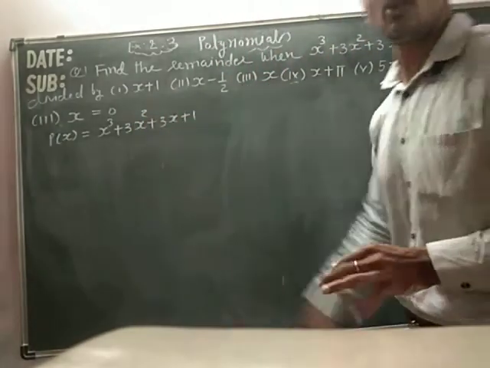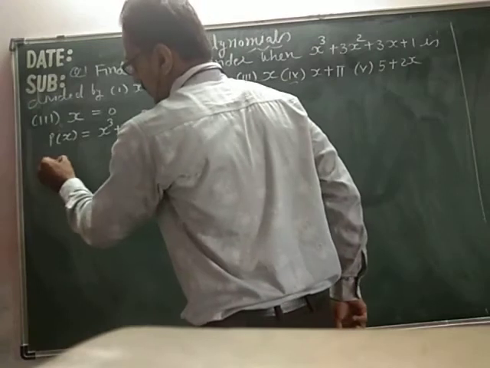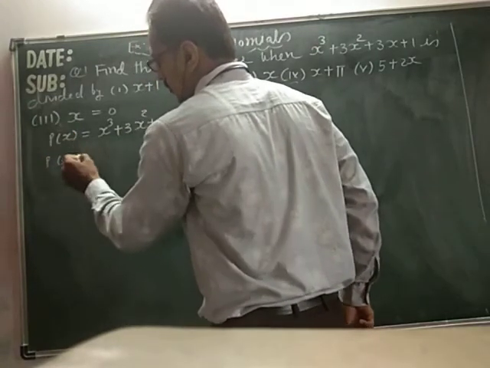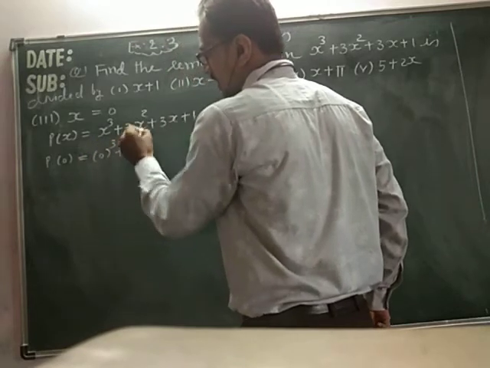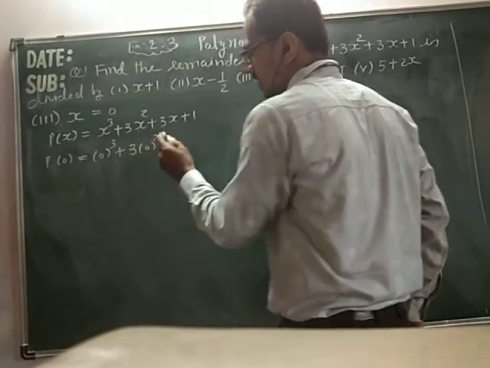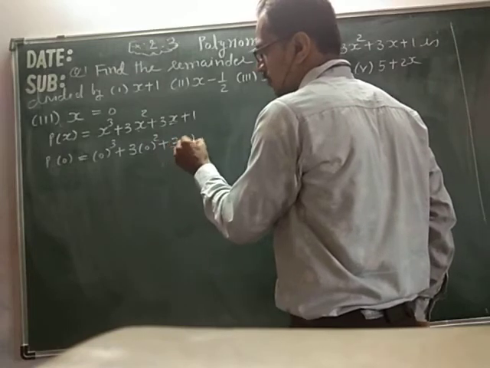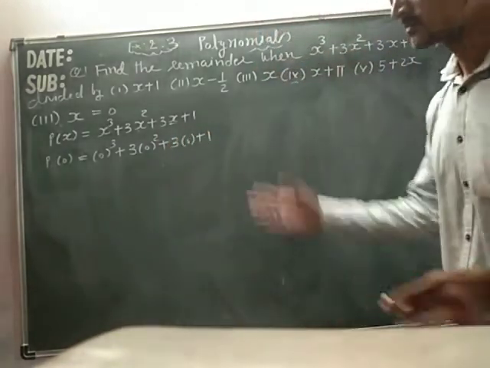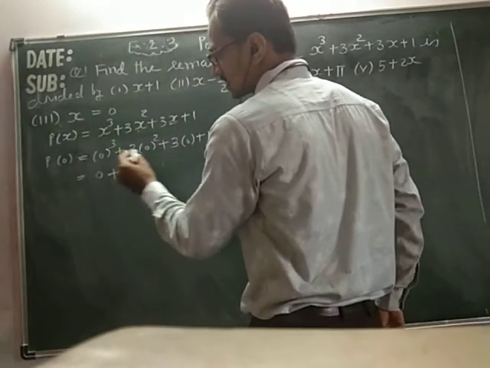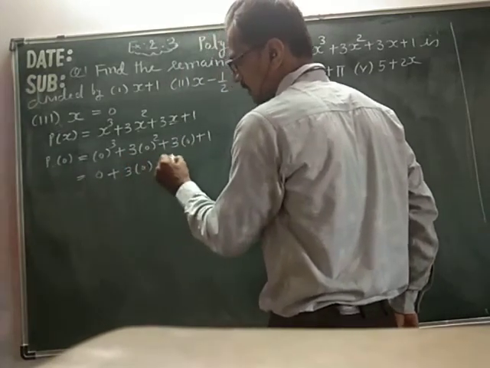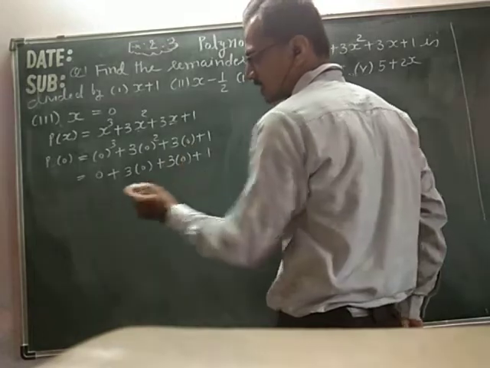Let us substitute the value of x as 0. So p of 0 equals 0 cube plus 3 times 0 square plus 3 times 0 plus 1. 0 cube is 0, 3 times 0 square is 0, 3 times 0 is 0, plus 1.